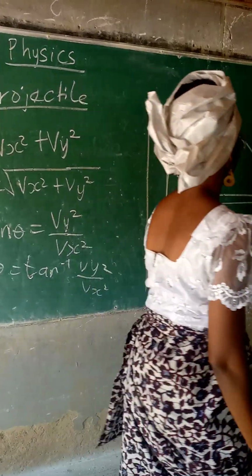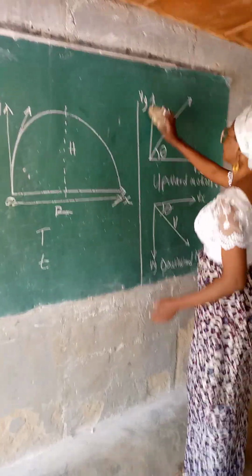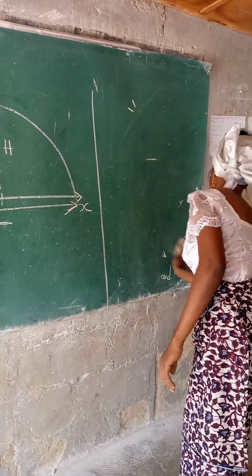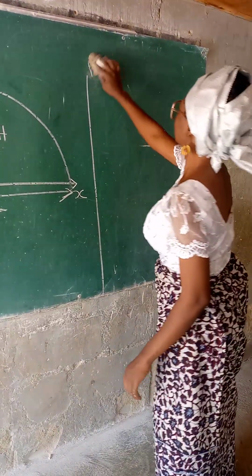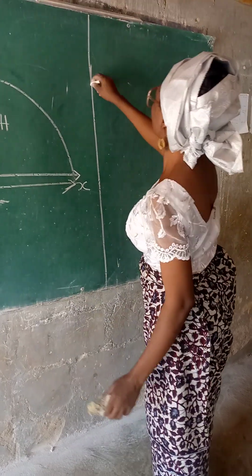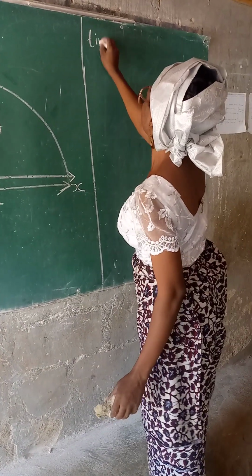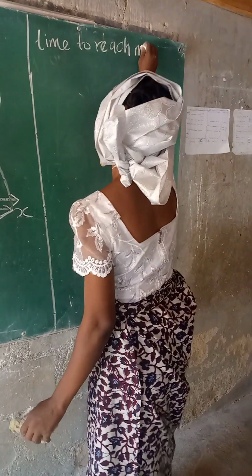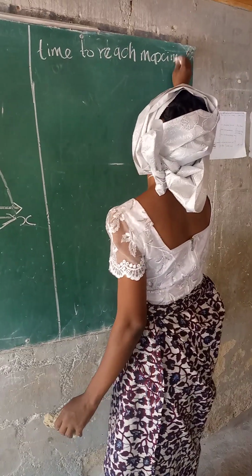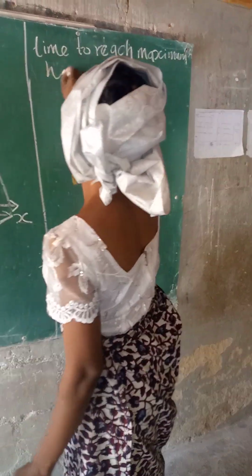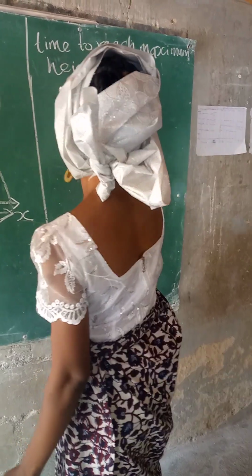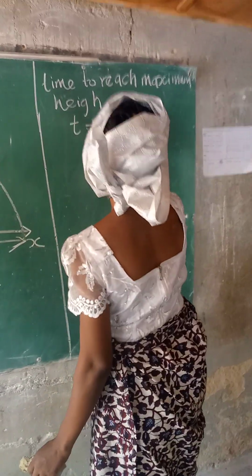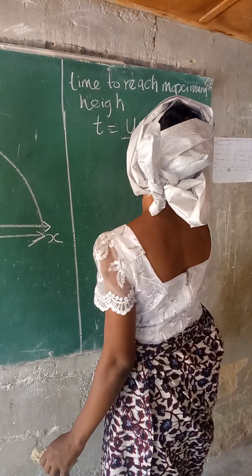Before we solve a problem, let's quickly state the formulas. The time to reach maximum height, denoted with small t, is simply equal to U sine theta all over g.